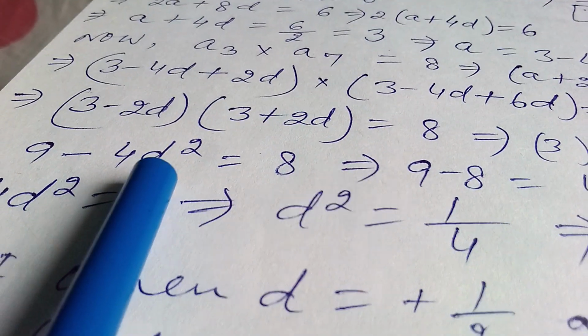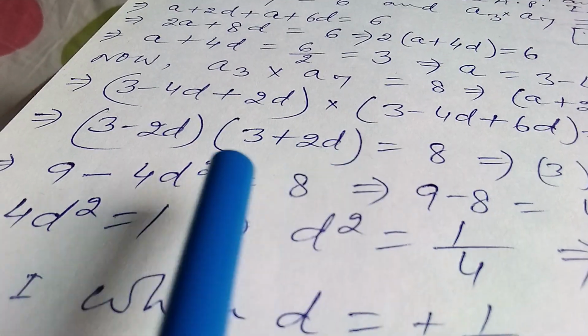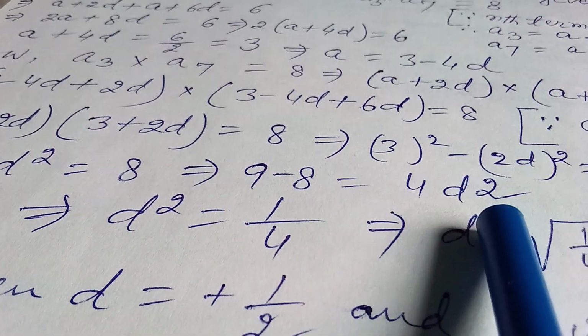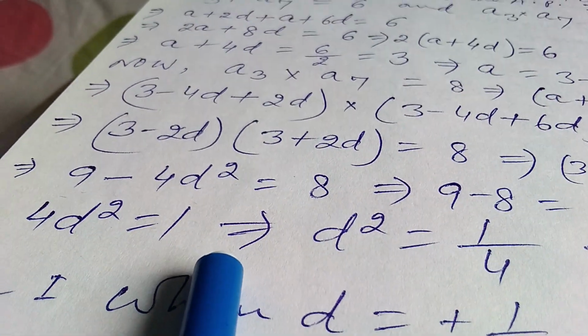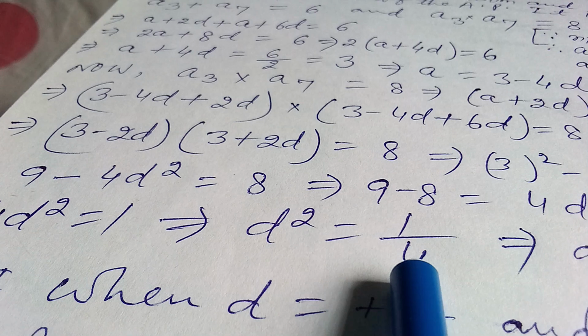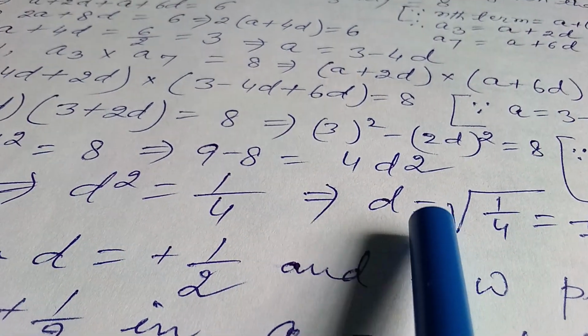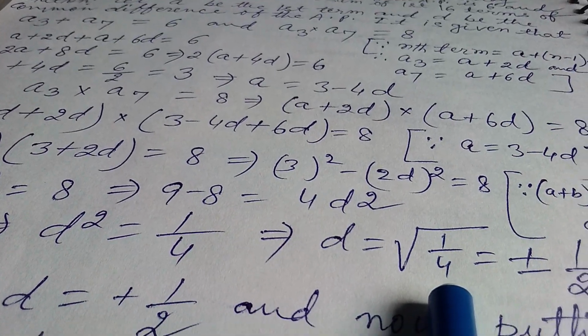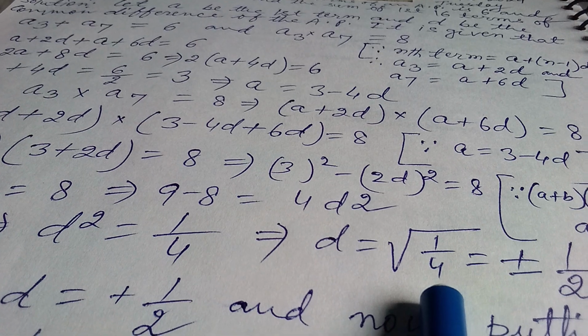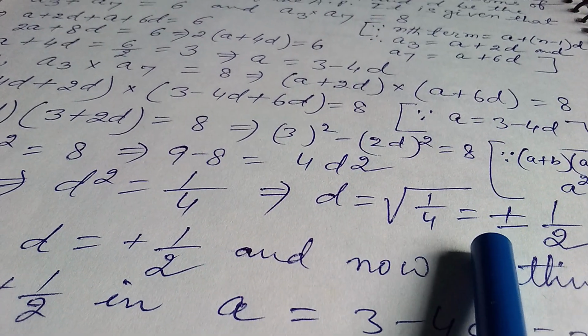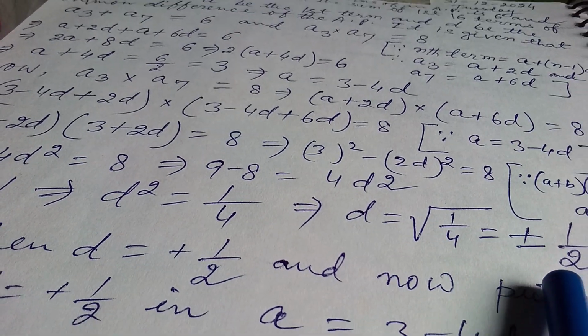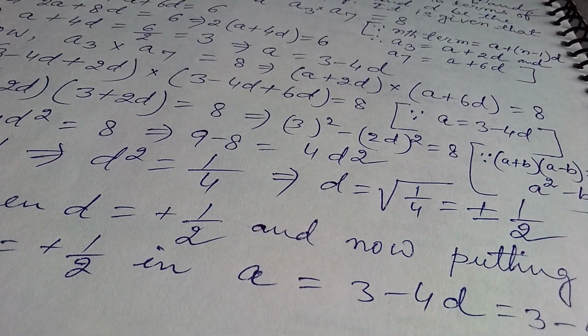Now this 4D square comes to the right side and 8 comes to the left side. So 9 minus 8 equals 4D square, and this implies 4D square equals 1. That implies D square equals 1 by 4, and D equals the square root of 1 by 4. And you know that the square root of 1 by 4 is always plus minus 1 by 2. That is, plus and minus both.